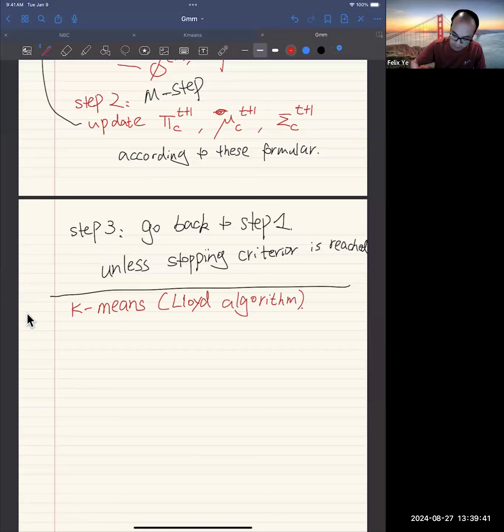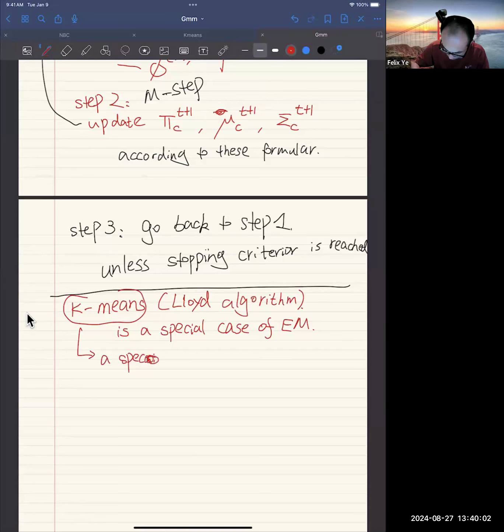But this is a special case of EM. So the reason is k-means is actually a special case of the Gaussian mixture.